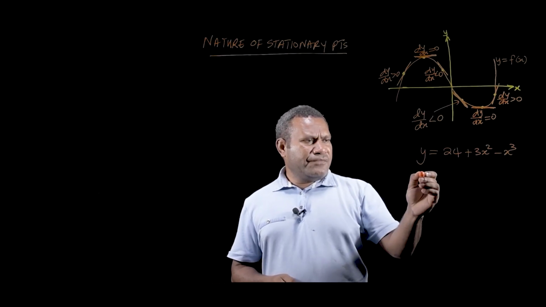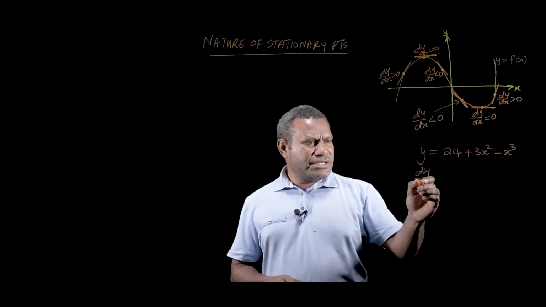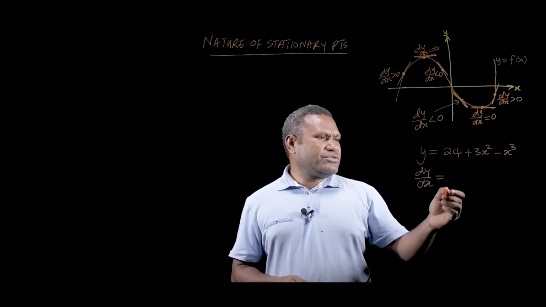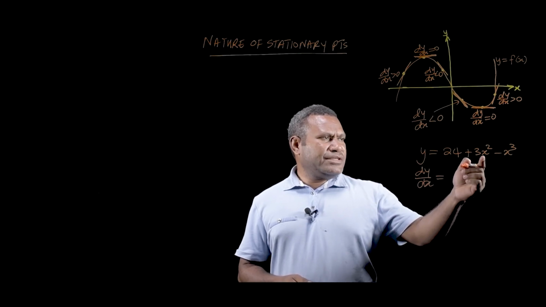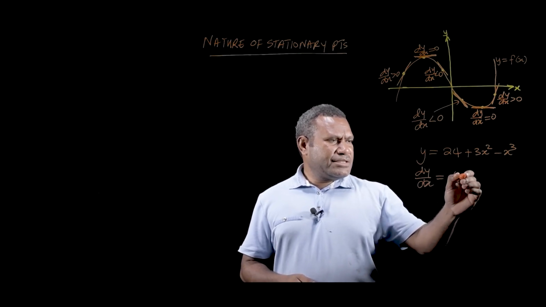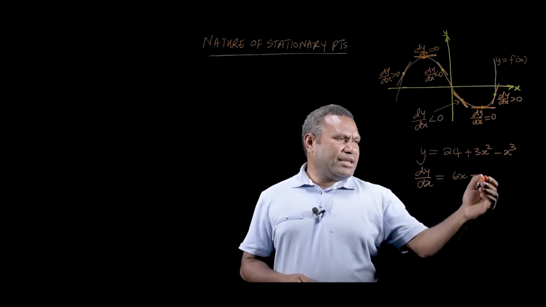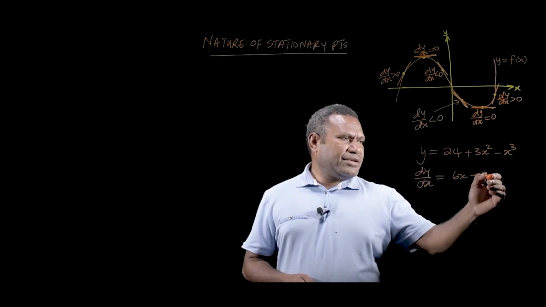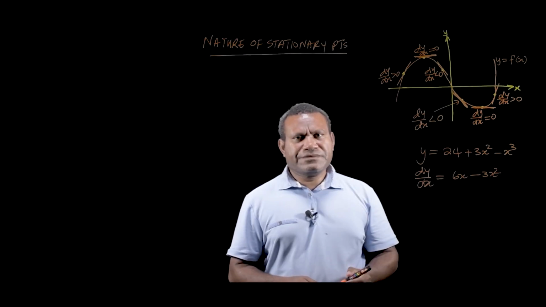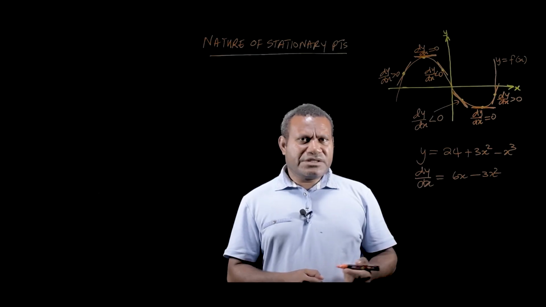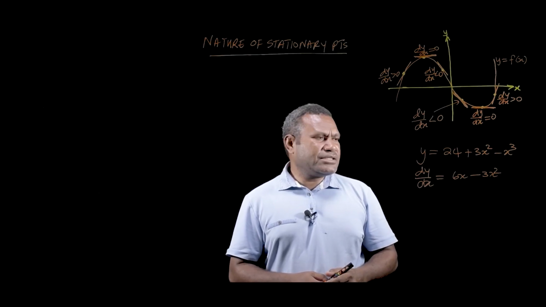So again, from the rule of differentiation we have learned, the gradient of 24 is a constant, so it will be 0. The gradient of this part will be 6x, and minus 3x squared. So what is this expression? It is the gradient function or rate of change function.